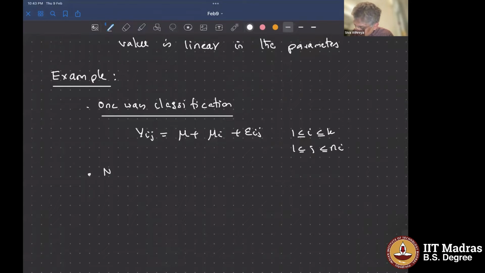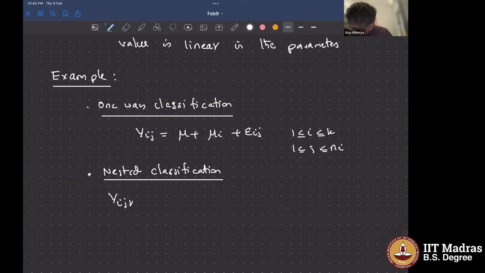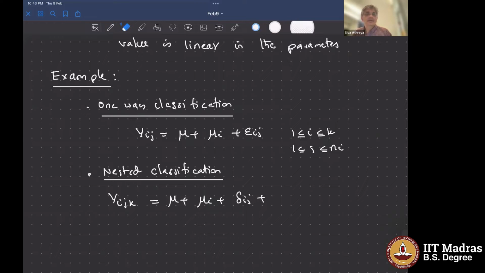Another example is called a nested classification model. So here you do a triplet, I'll explain in a second. Here you have y_ijk equal to mu plus mu_i plus delta_ij plus epsilon_ijk.